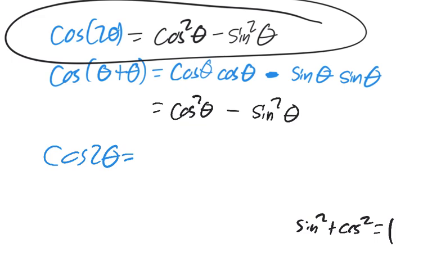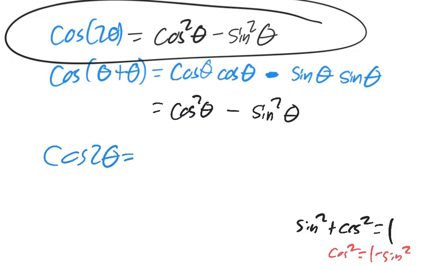No, because if I move the sine squared over to make it negative, the cosine squared is still positive, but it's on the wrong side. And if I move it over, it becomes negative. So there's no way to move things to make it match this one. But what I can do is isolate cosine squared. Cosine squared is 1 minus sine squared.